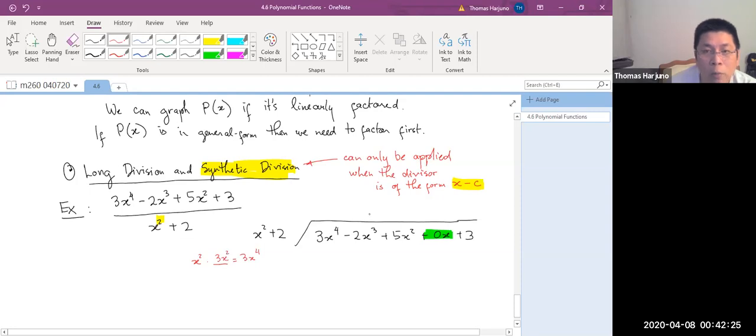Okay, so I will put 3x squared here. The reason I put it here is because it's the same place value. Now I will distribute this 3x squared to x squared and the 2. That will give me 3x to the 4 plus 6x squared.